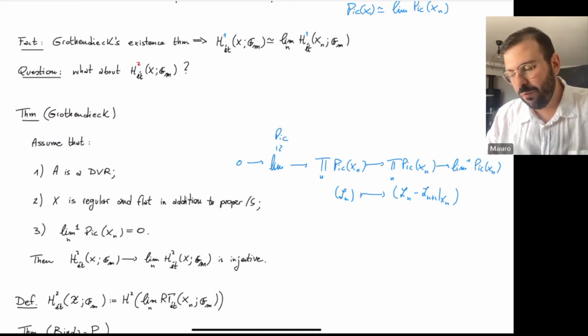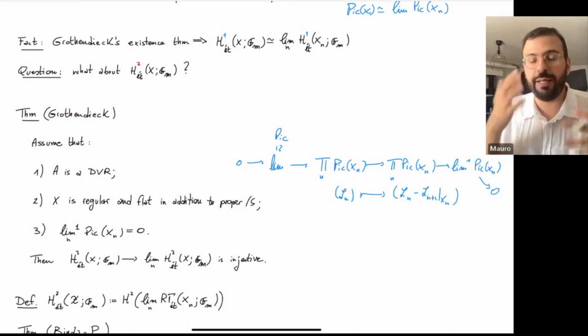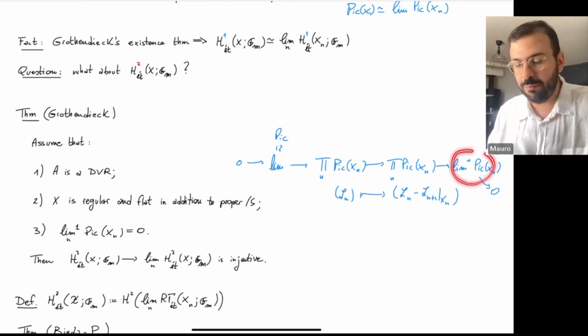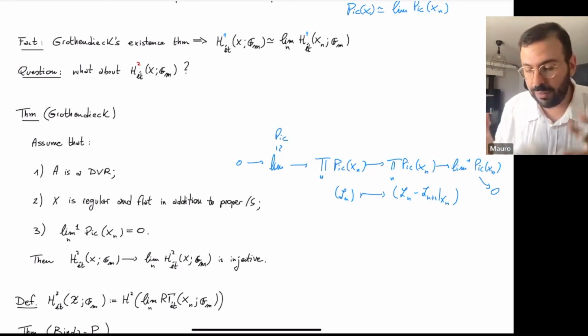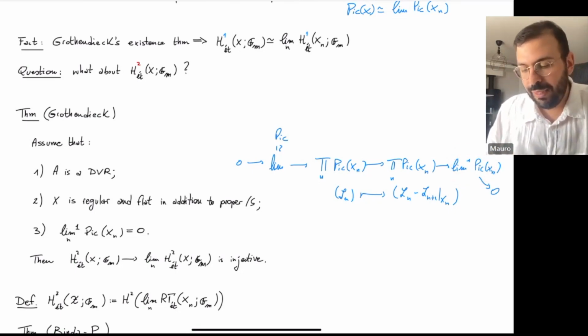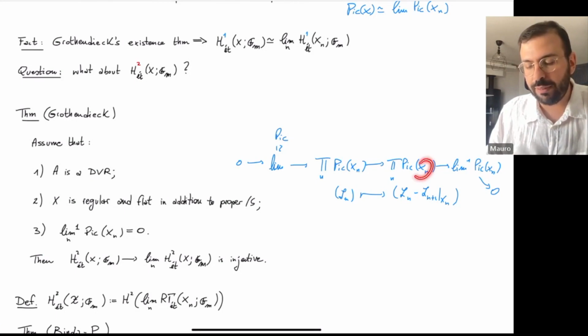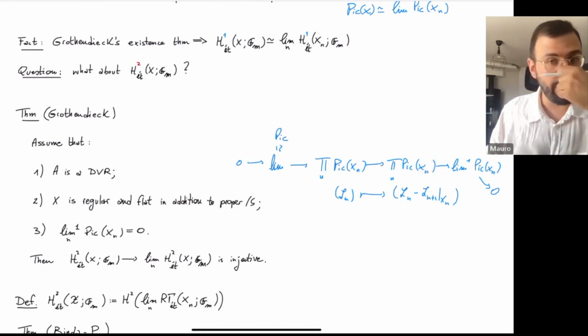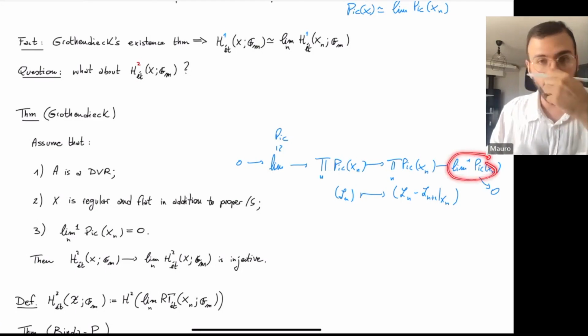And so to get a feeling for when this thing vanishes: essentially, if there is no obstruction to lift line bundles, whenever you have a line bundle at level n, you can lift it to level n plus 1, no matter what line bundle you started with, then this lim1 will be 0.